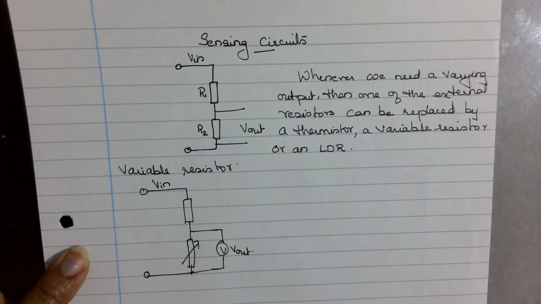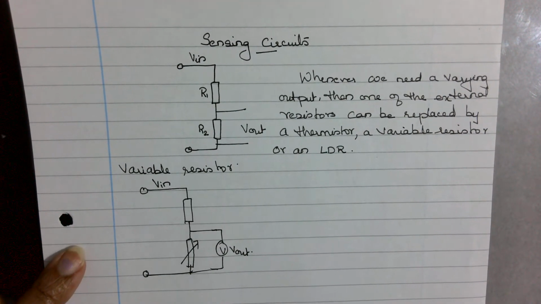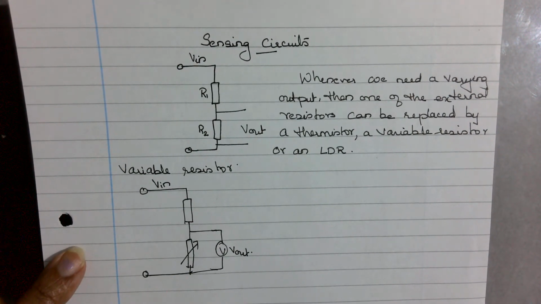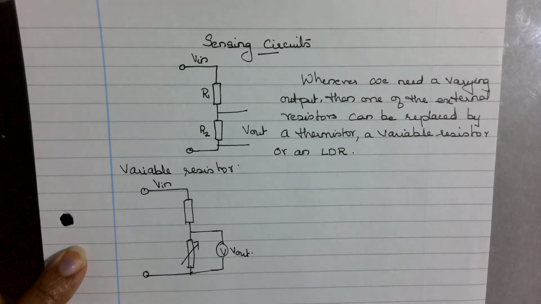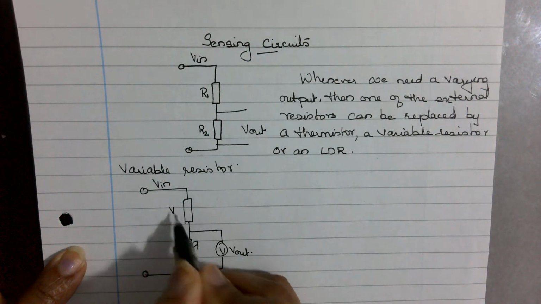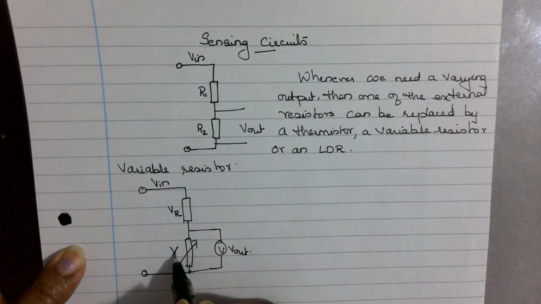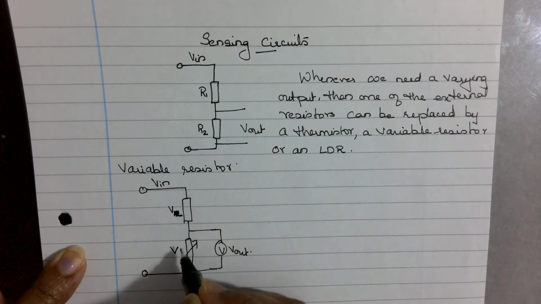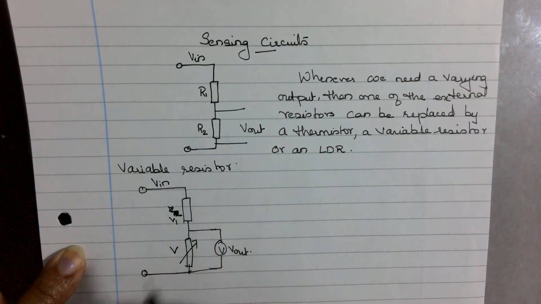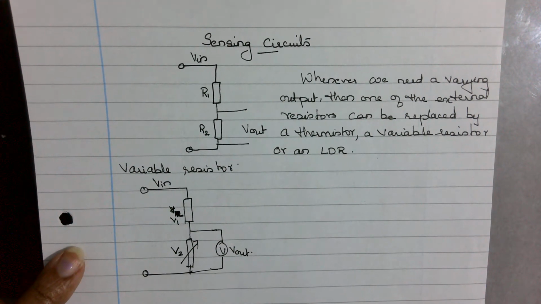Now, if anybody asks me why the bottom one and not the top one, feel free to go ahead and change the top one instead of the bottom one. So, say this is the fixed resistor and this is the variable resistor. Let's label the voltage across the fixed resistor as V1 and the voltage across the variable resistor as V2.